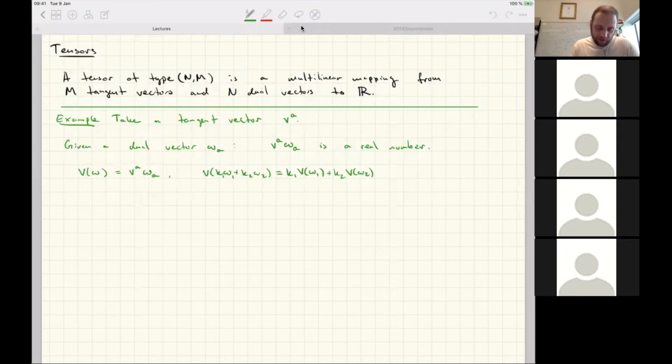So that means that tangent vectors are type 1 0 tensors.